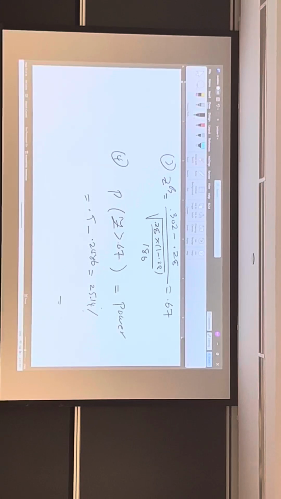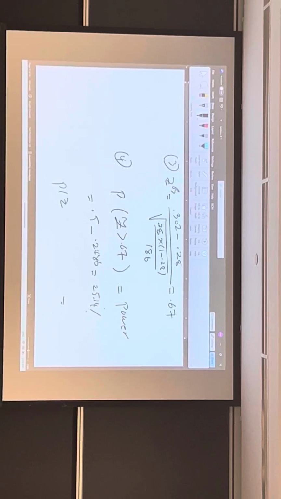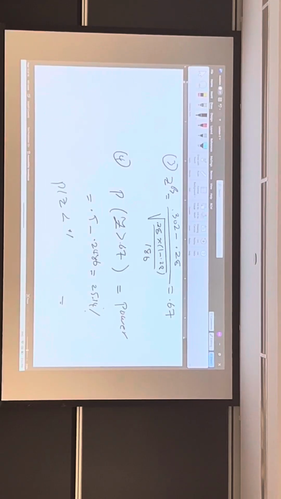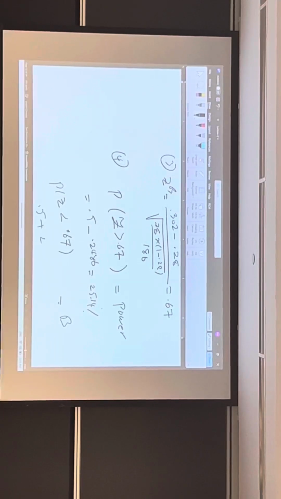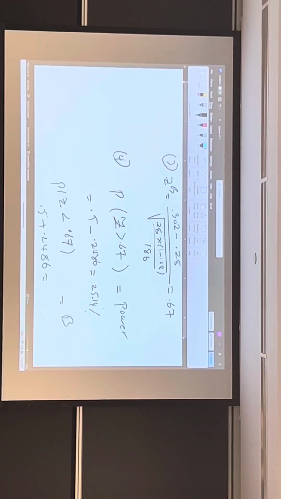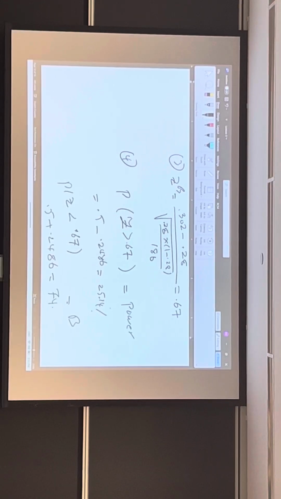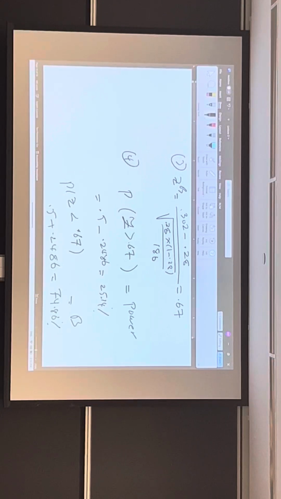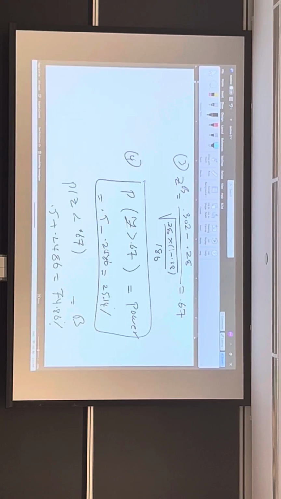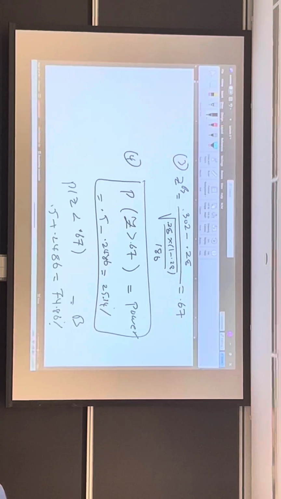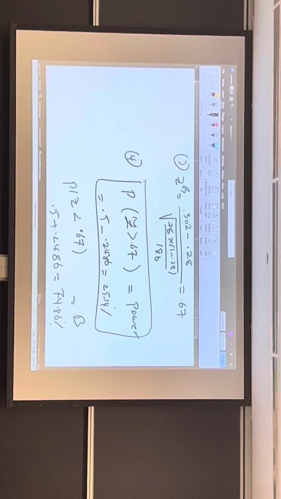If you would have calculated the opposite, that would have been beta, which would have been 0.5 plus 2486, which would have been 74.86%. But the question actually calculates this one. I've seen a mix-up often on which one is which, right?